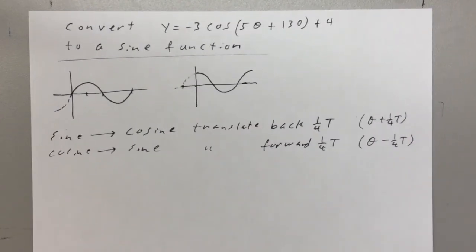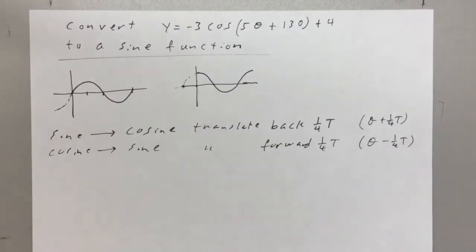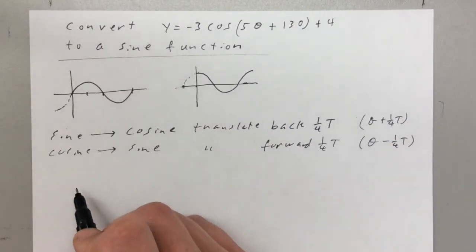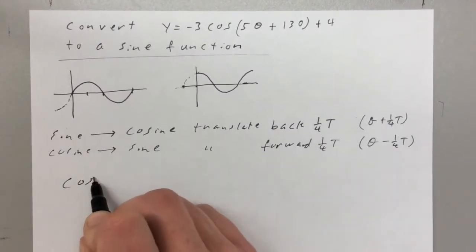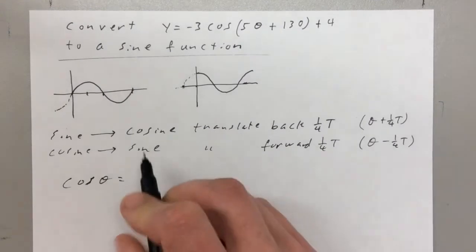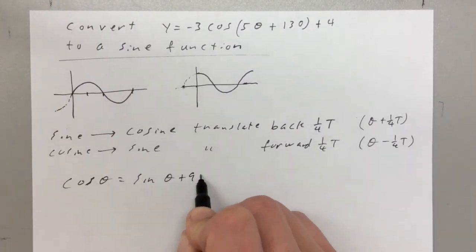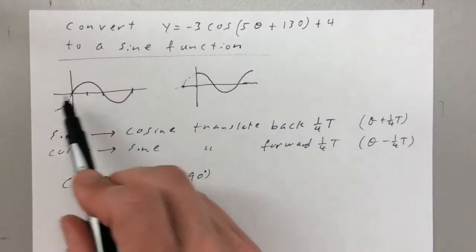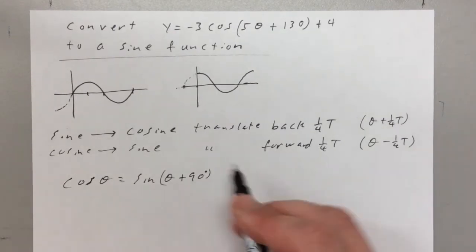So now for this one, let's say if we wanted to write sine in terms of cosine. Cosine theta then would equal sine of theta plus 90, okay, because 90 is 1/4 of a period of the sine function and cosine function.